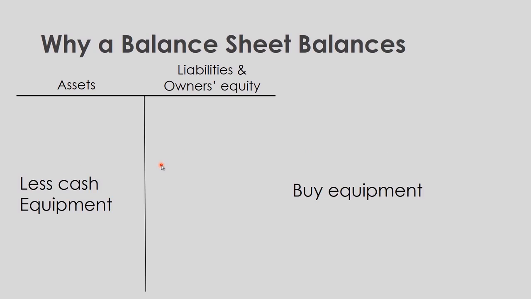If you buy an equipment, you spend cash, and so there is a decrease in cash. But now you have a new asset in the form of an equipment with the same value. In this case, there is no change on the right side. The net changes on the left and the right sides are both zero, and the balance sheet again balances.